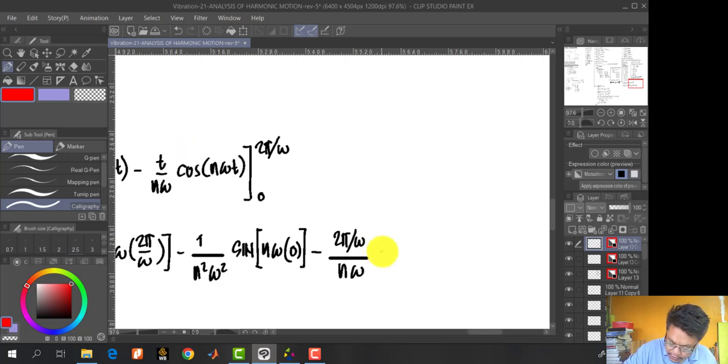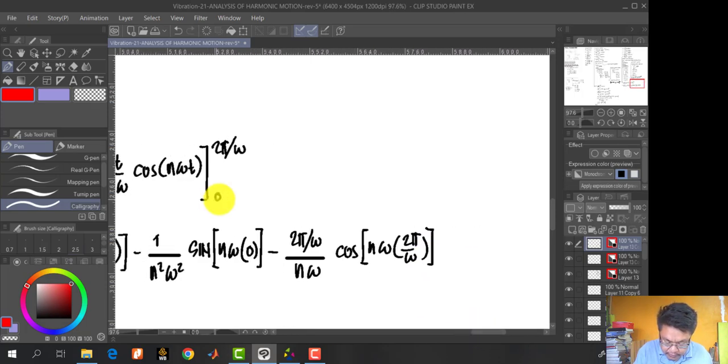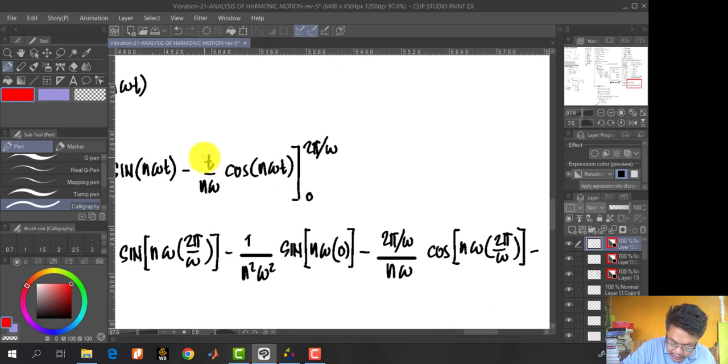Then cosine, right? So that will be cosine. We bracket this, much better. So n angular velocity and the value of your 2 pi over angular velocity. Close bracket. Then again, the value of 0, this part. So let's show it. This will be the t, which is 0.